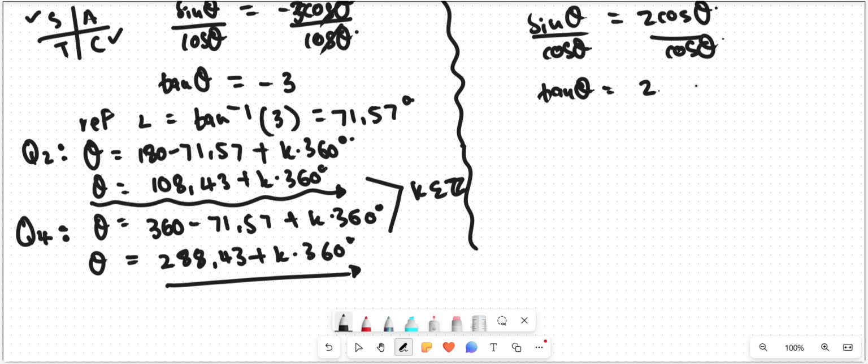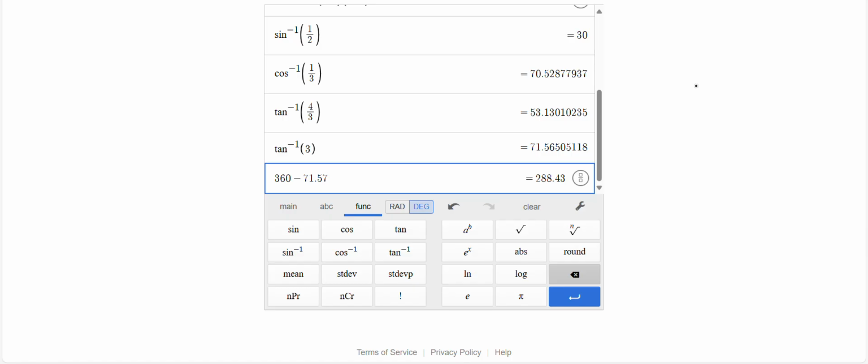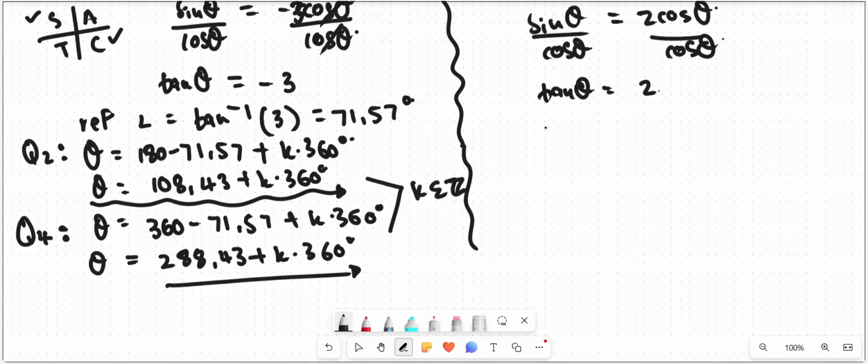And again, we need to go back onto our calculator. Inverse tan of a positive 2, 63.43. So my reference angle is 63.43. I'm not showing the step right here. You guys know exactly what I'm doing. Then I need to establish where tan is positive. It's positive there and there.